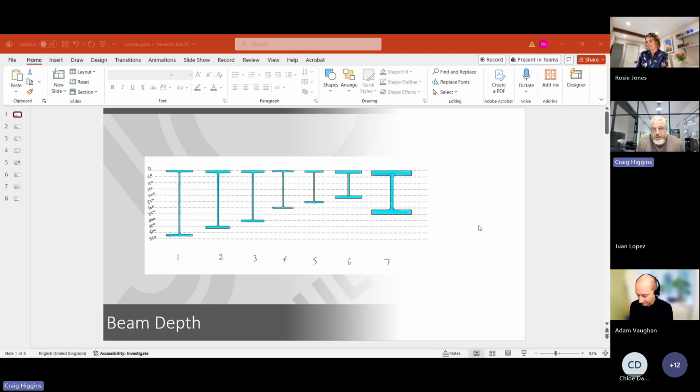So I've got this first slide here, which doesn't have much information on it, but it was really just to give a bit of a thought. You've got 7 different beams there, and you can see the plan depth of each one of those beams. And then when we come to the end of the presentation, I'm going to show you the weight of each of those beams, and how far each of those beams would span under a 10 kilonewton per meter load.